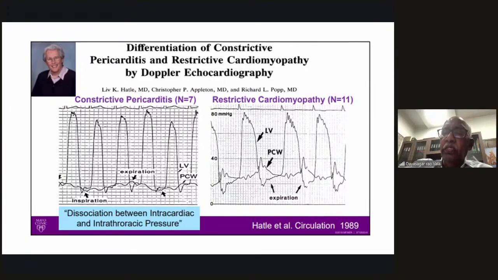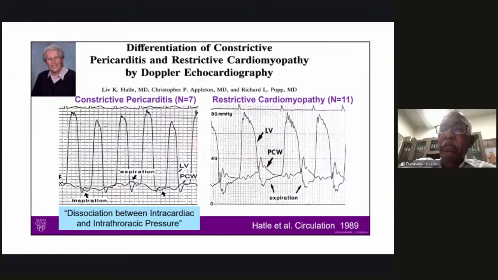And only during expiration is there a positive gradient between the LA and LV that allows more filling of the left ventricle during expiration. So this dissociation between intrathoracic pressure and intrapericardial structures like the RV and LV forms the basis of abnormalities seen both by echocardiography and also by hemodynamic evaluations.